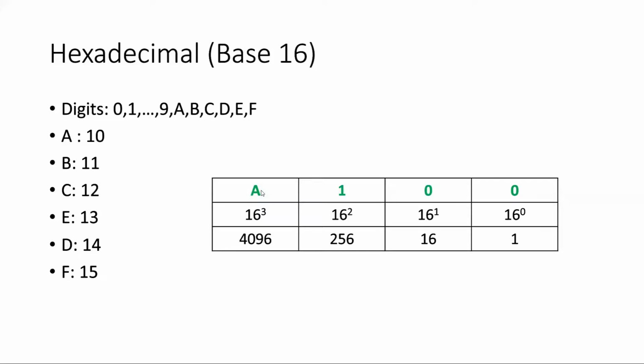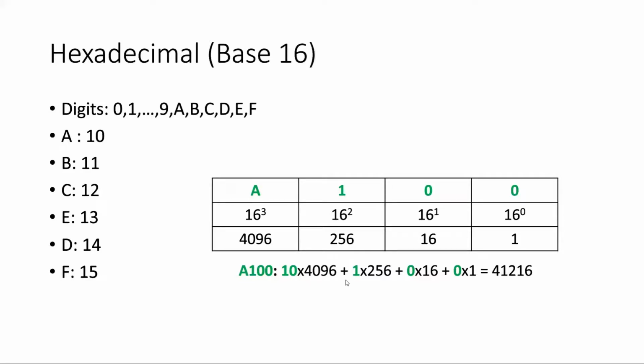So let's see what the decimal representation of this number is. We need to multiply each digit by the value of its position. Here A is basically 10, as we had seen before. Then we need to multiply it by 16 to the 3, which is 4096.